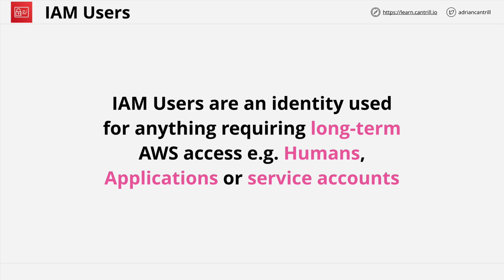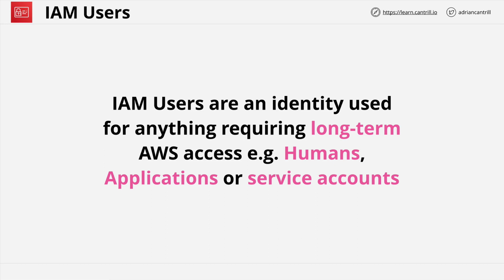If you need to give something access to your AWS account, and if you can picture one thing, one person or one application, so James from accounts, Mike from architecture, or Miles from development, 99% of the time you would use an IAM user. If you need to give an application access to your AWS account, for example a backup application running on people's laptops, then each laptop generally would use an IAM user.